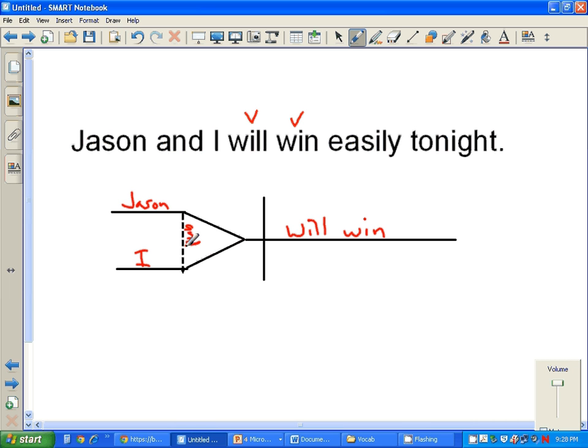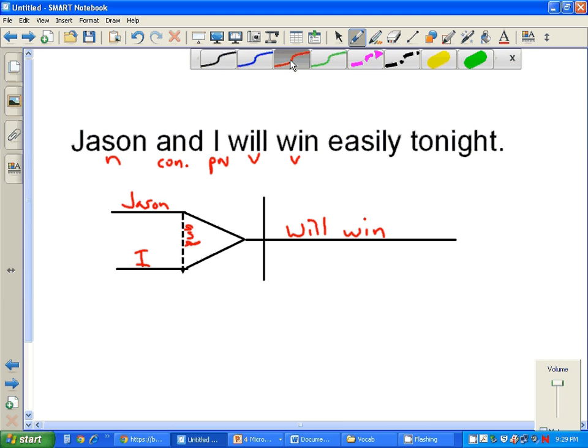Okay, Jason is a noun. Guess I probably should have done that underneath here. Verb, verb. Remember, I is a pronoun. The part of speech and, if you remember, that's a conjunction. So we're going to put con underneath there. Okay, now let's look at what part of speech we have for easily and tonight.